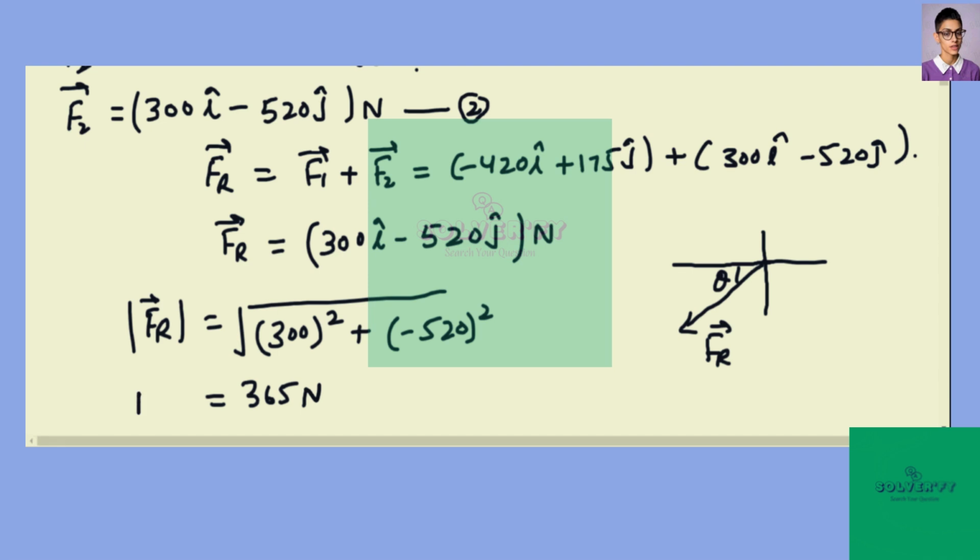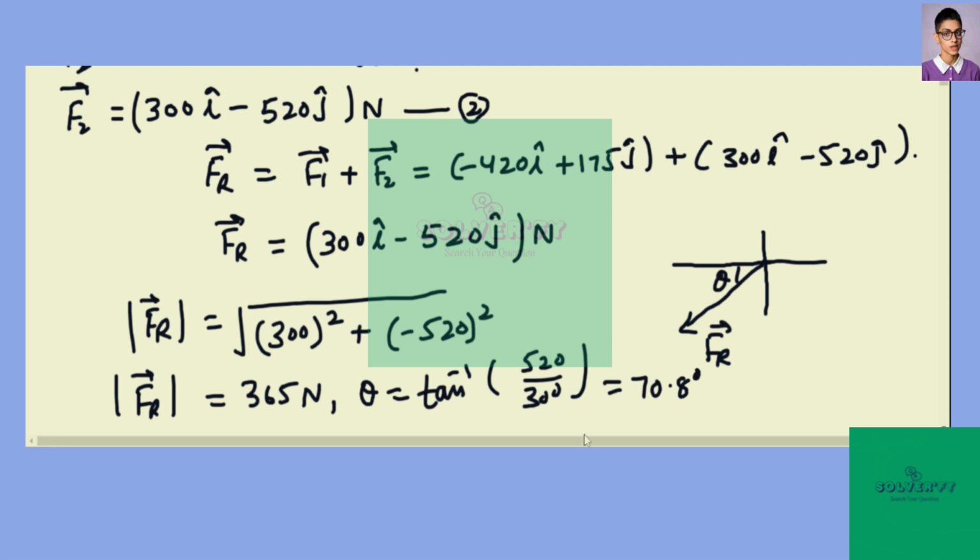So magnitude of resultant force is 365 Newton, and it is at angle theta is equal to tan inverse of minus 520 upon 300. We are neglecting here minus because I have shown in the diagram. So negative sign is not required. So its value will be around 70.8 degree. So this will be the resultant force.